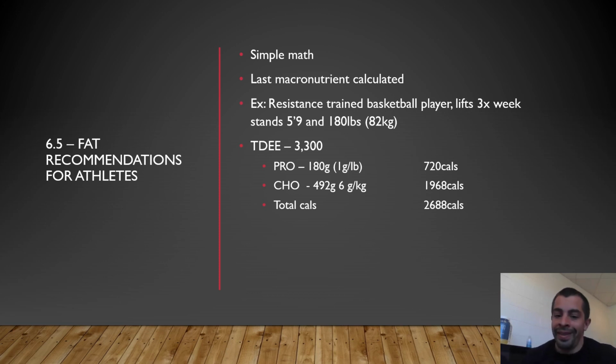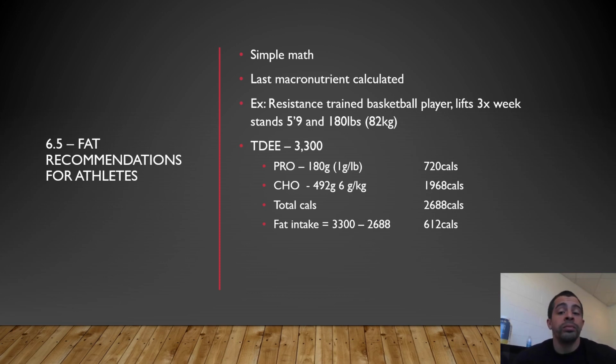So if I'm recommending that, the last step is pretty simple. Fat intake should be that total daily energy expenditure minus what I've already recommended, 2688, which will leave them with 612 calories from fat. And that's my recommendation, 612 calories from fat.